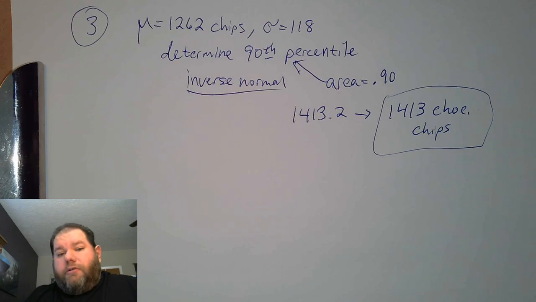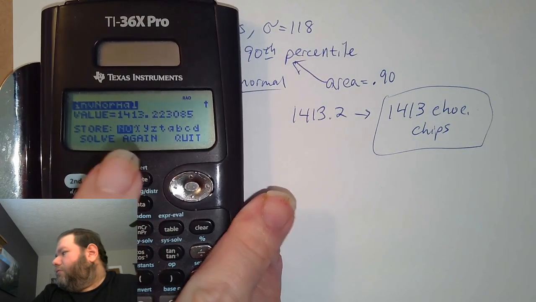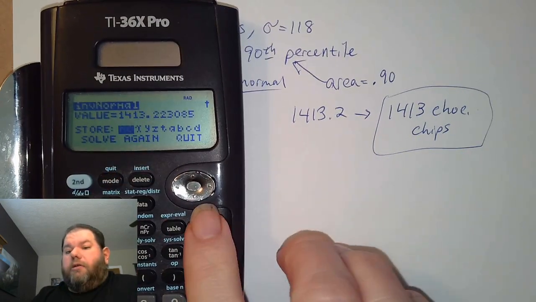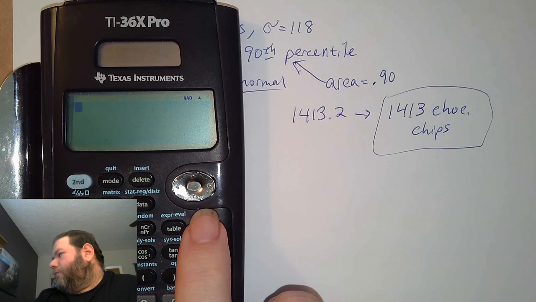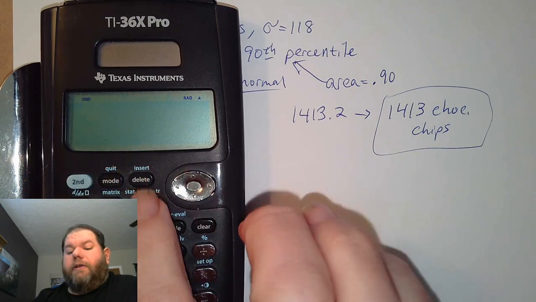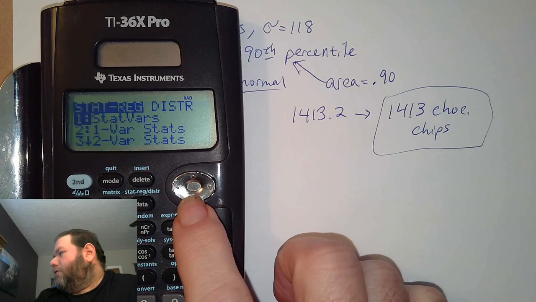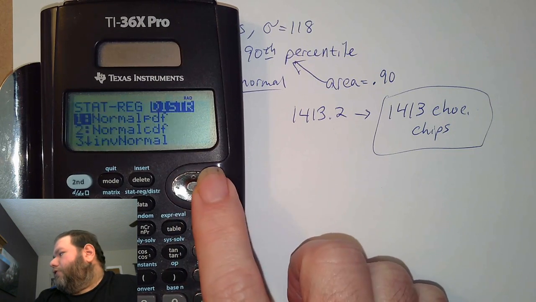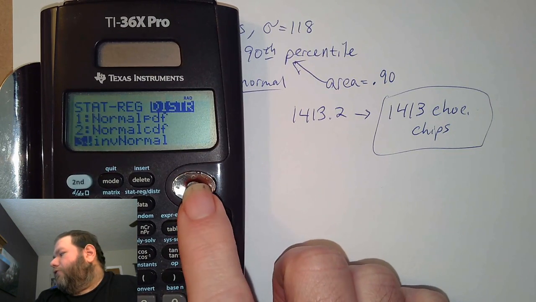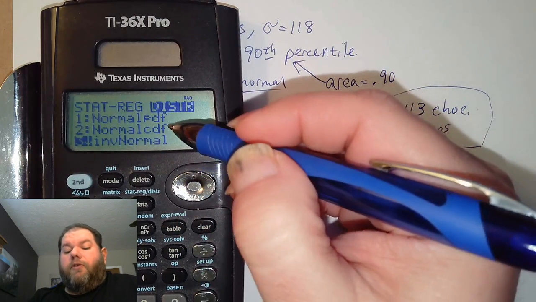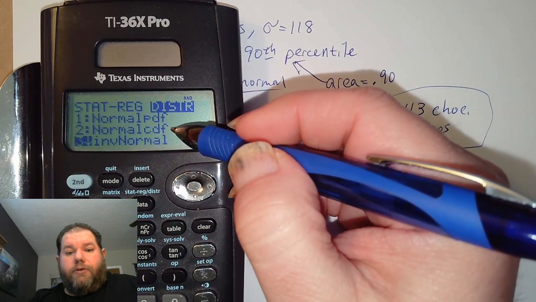On the calculator, again we do second data, go over to distributions, down to inverse normal. Usually, for the most part, we're using normal CDF, option 2.